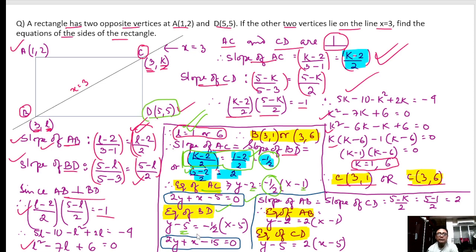So y2 minus y1 is m into x2 minus x1. This is BD. Slope of AB, now AB passes through (1, 2). So y minus y1 is m into x minus x1. And the equation of CD. CD passes through (5, 5) and the slope is 2. So this is how we get the equations of all the sides of the rectangle.